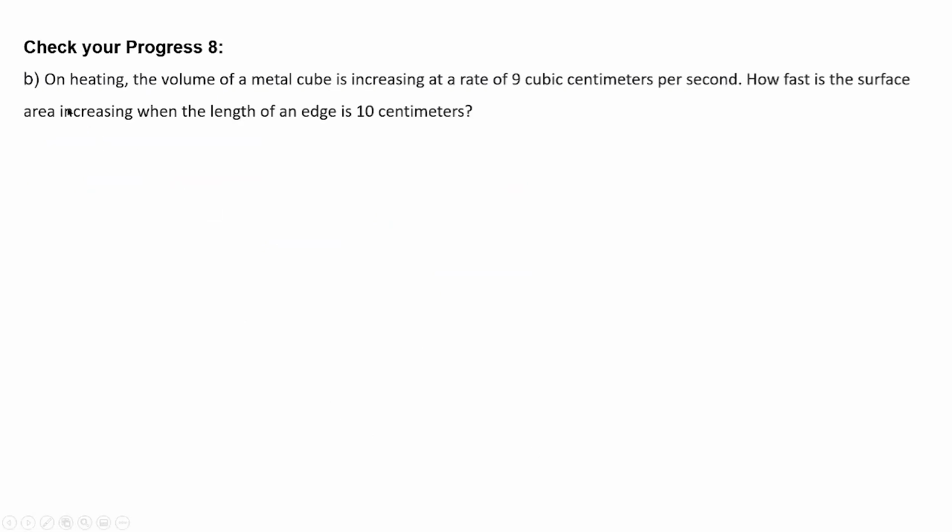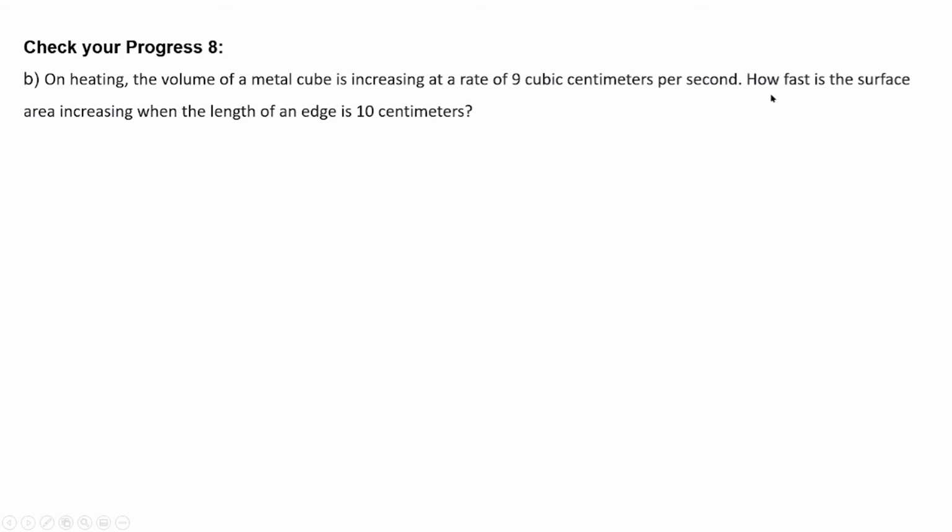Next question. On heating, the volume of a metal cube is increasing at a rate of 9 cubic centimeters per second. How fast is the surface area increasing when the length of an edge is 10 centimeter? So here it is given, it is a metal cube and the volume of this metal cube is increasing at a rate of 9 cc per second.